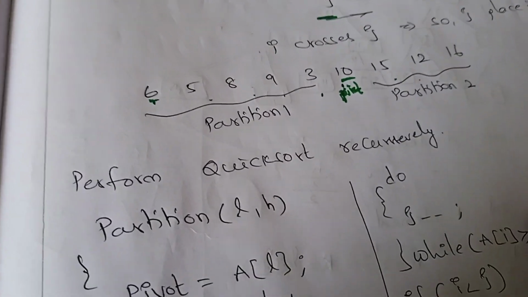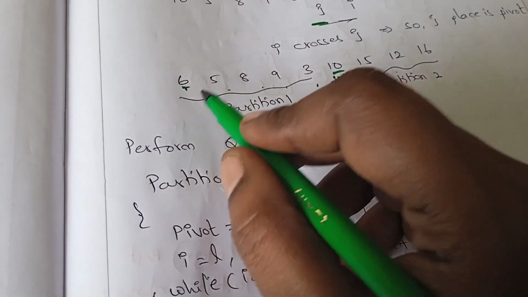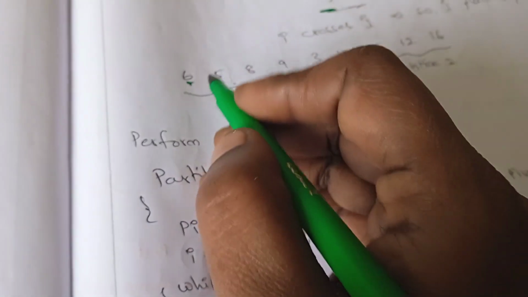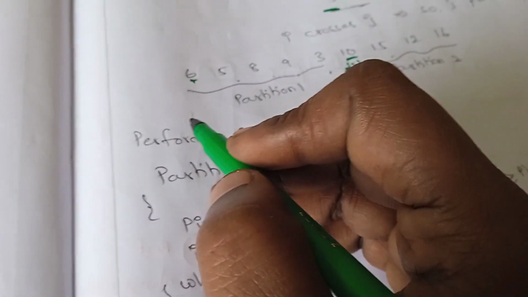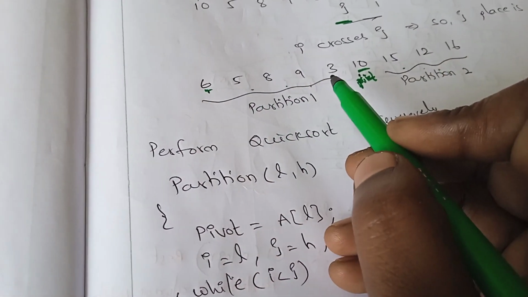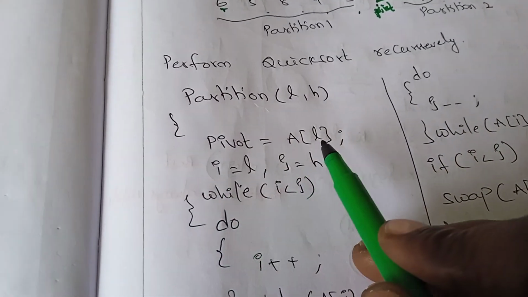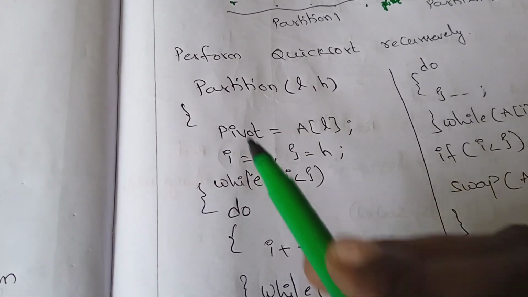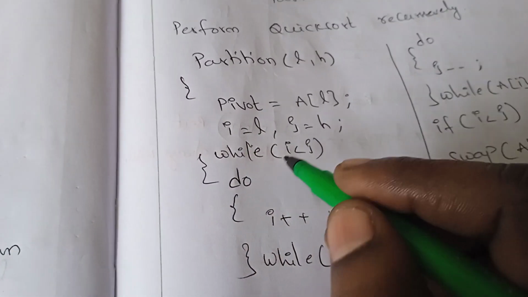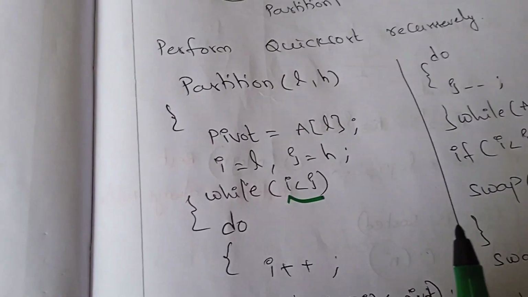Now we have to apply quick sort. So what is quick sort? Whatever we did will be repeated for this partition. Again we consider 6 as the pivot, right? Now again we'll compare, 5 versus 3. Partition(L, H), pivot is A[L], the lowest element is my pivot. i is equal to L, j is equal to H. The loop will repeat until i crosses j.